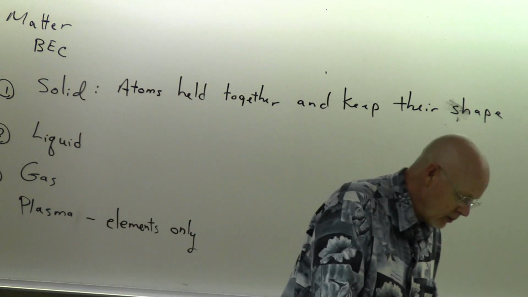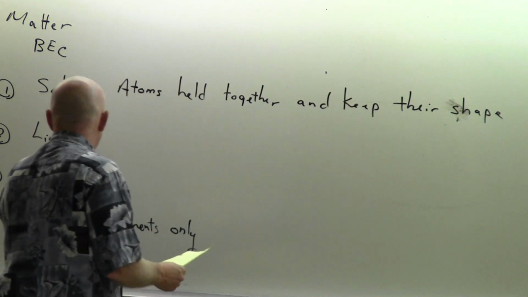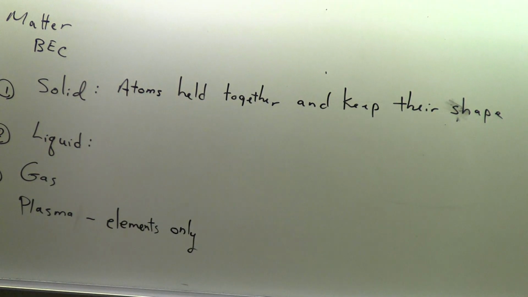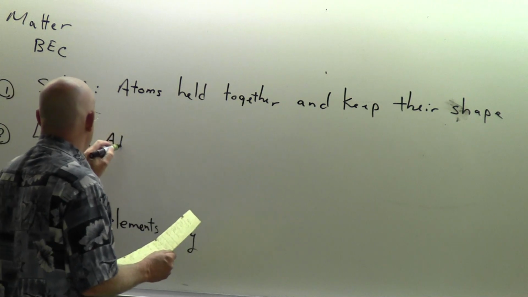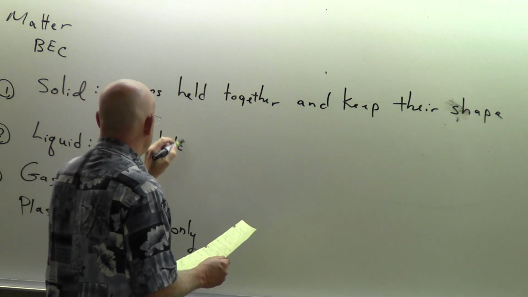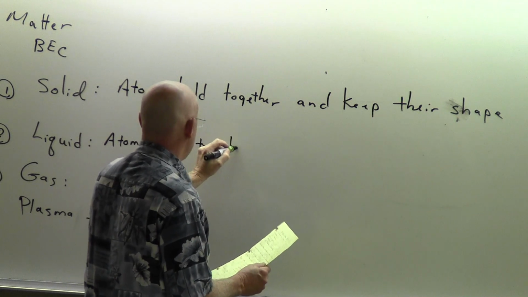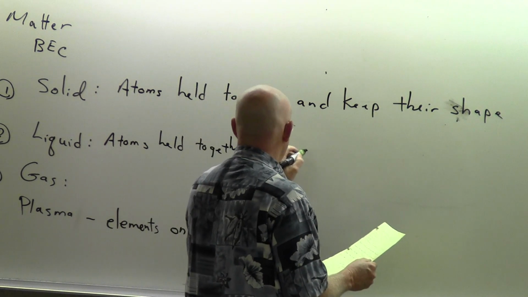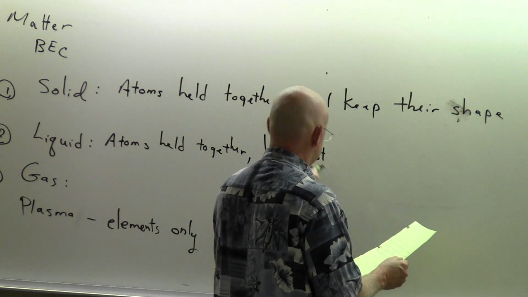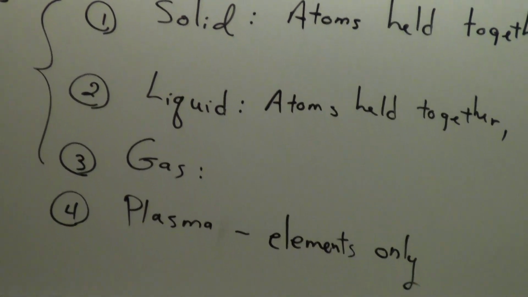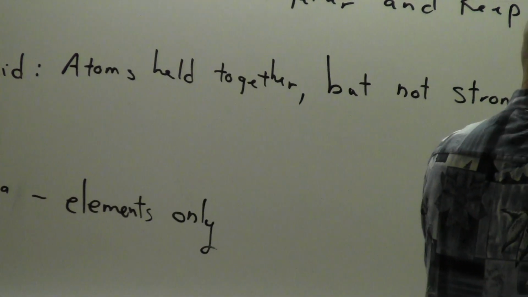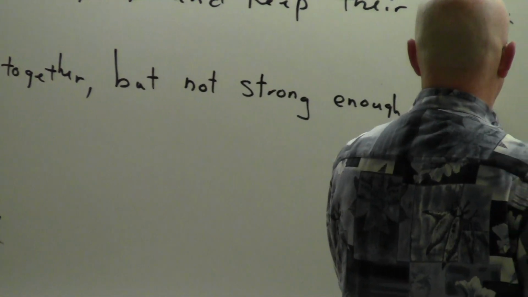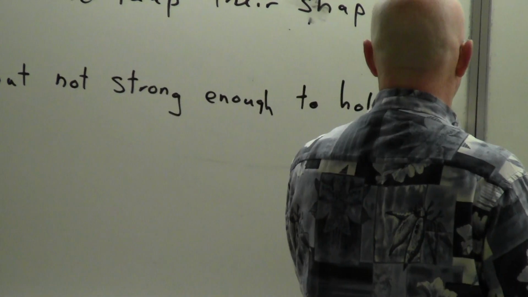Now, once it warms up a little bit, the bonds begin to break. I like to say they break halfway, because they're not going to fully break until we get to the gas. But in the liquid state, the atoms are still held together, but not as strong, and so not strong enough to hold its shape anymore.